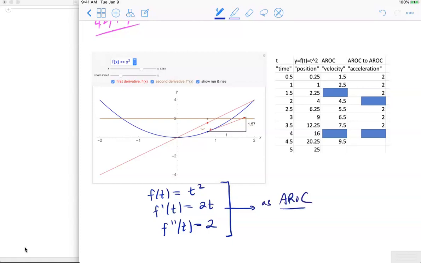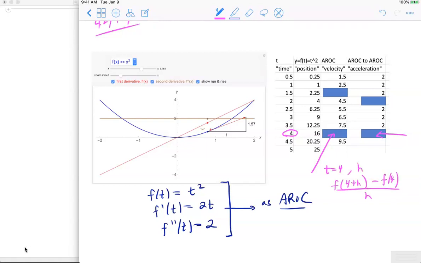Just as a quick example before we get into a different function, notice that we could fill in the blank here for the velocity, or the derivative, of the function f of t. Since we're trying to find a blank at a particular time t equal to 4, you would use the function at 4 plus h minus the function evaluated at 4, divided by h.